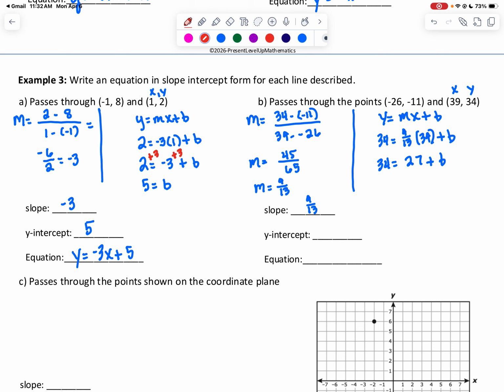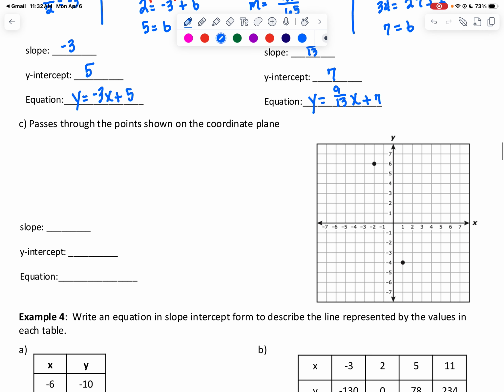And then solve for b by subtracting 27 from both sides. So that would be 34 minus 27, which is, I believe, 7, equals b. So our y-intercept is positive 7. So our equation is y equals 9 over 13x plus 7.